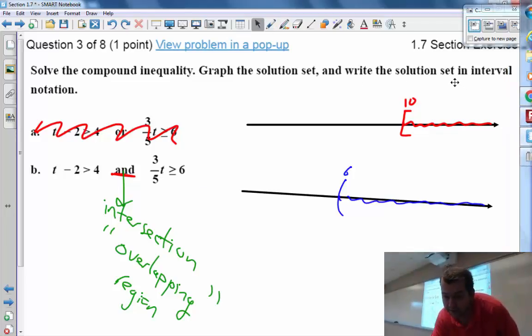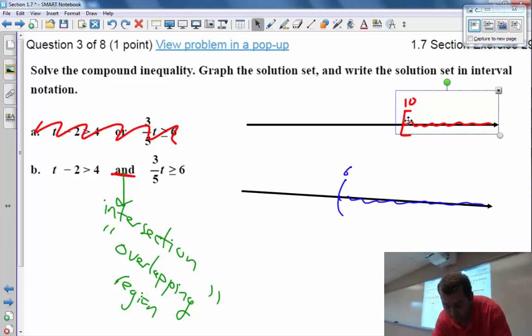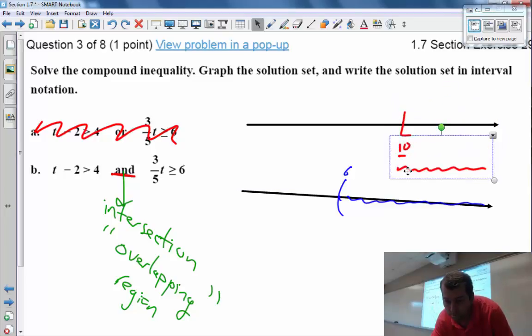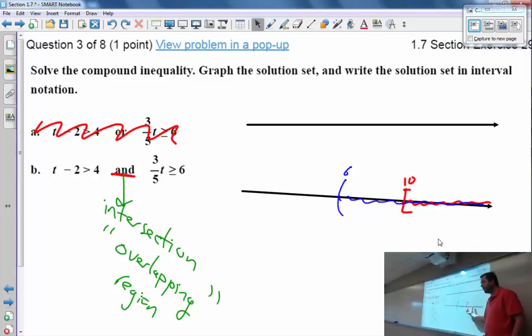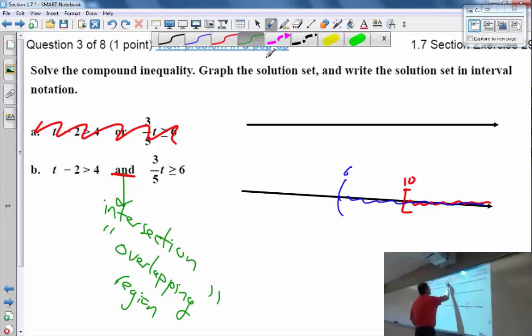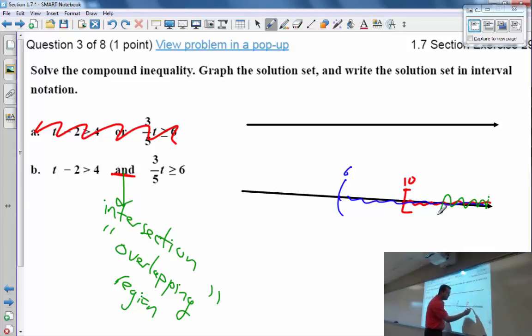Let's move these guys. Here. Do you see what's overlapping between red and blue? This entire red area is overlapping with blue, but this is extra. This is not overlapping. So the solution will be this red area itself. This is our solution. This is the overlap. Okay?